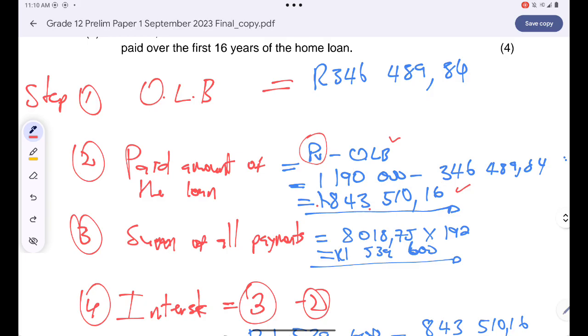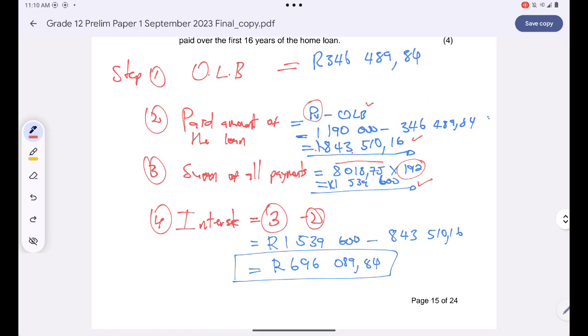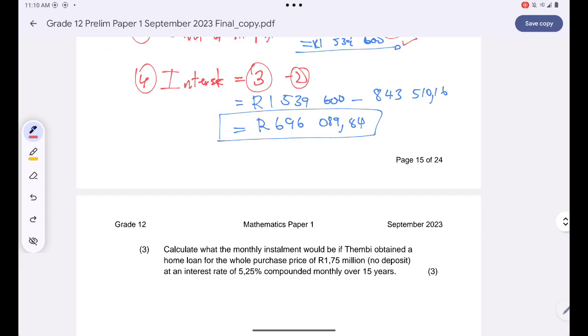From T0 to T16, that's 192 payments. So that's why I took a single payment, multiplied it by 192, and then I found the total amount of money that I've paid for the past 16 years. And then for me to find the interest, it's just the sum of all payments minus the total paid amount of the loan. That's how, guys, we're supposed to find interest over there.